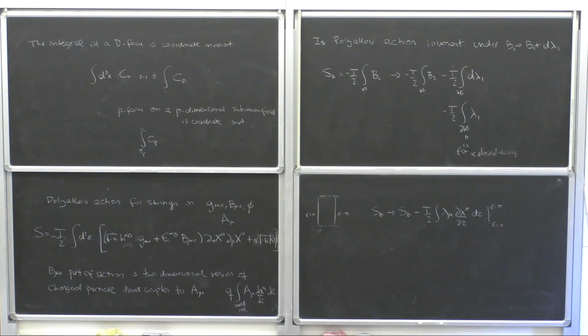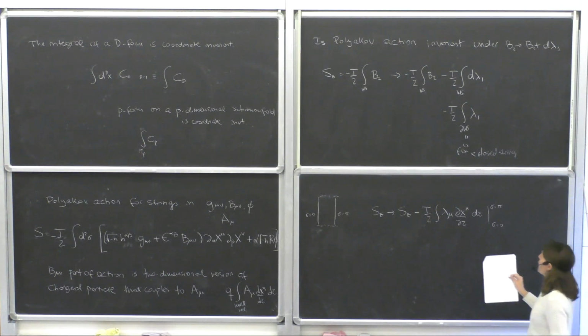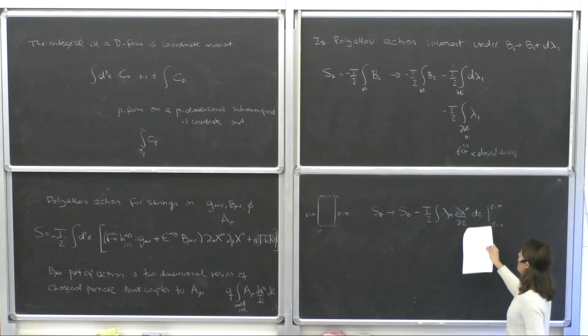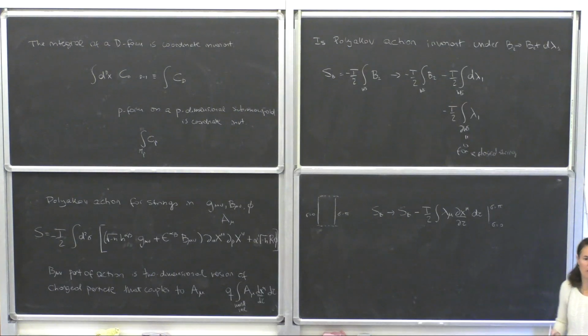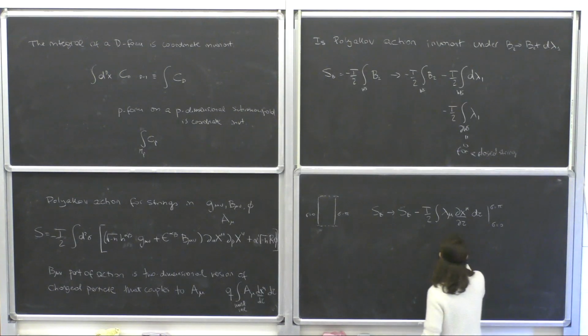And now is this 0? Yeah, exactly. Depends on the boundary condition, right? If the boundary conditions are Dirichlet, then this doesn't depend on tau. So this is okay.